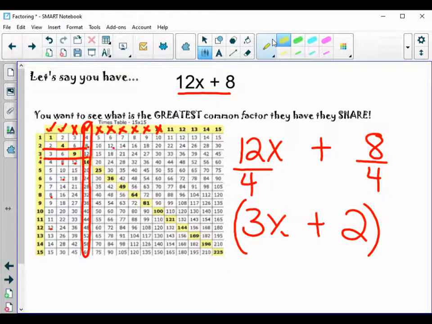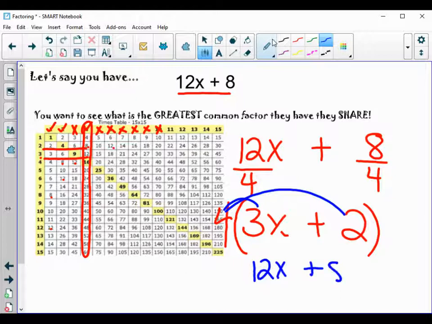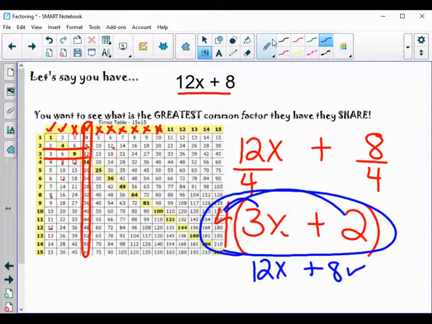And then what we divided by goes on the outside. Now you can always check your work by doing the distributive property to see if you got it correct. But this would be your answer. So what we divide by goes on the outside, and then what you've gotten after you've actually divided goes on the inside of the parentheses.